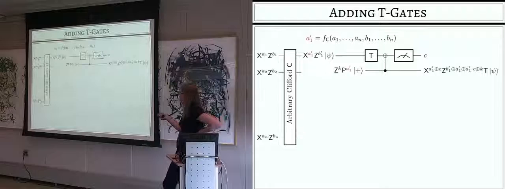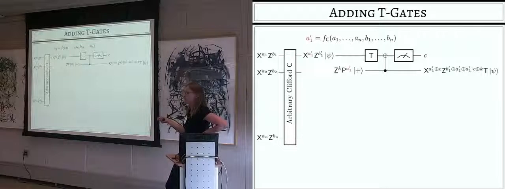So if we wanted to provide an auxiliary state that looks like this, in general, we would need to know the value of A1 prime. But this depends on the circuit that has been applied previously, which we don't know in advance. So we can't provide this auxiliary state.